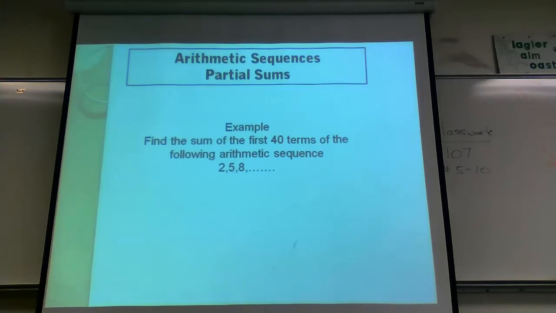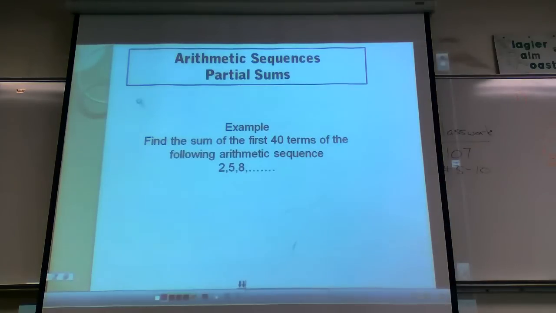Now, the thing with the arithmetic, right, is the way the sum went, right? The sum was n times a1 plus an, over 2. Correct? So if I'm actually doing the sum of the first 40 terms, that formula would go 40, my first term, my 40th term, divided by 2. First term they give you, right?